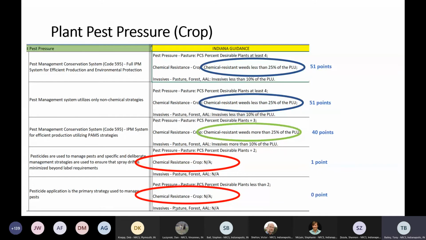All right, Shannon, do you have any other things you wanted to add to this, or are there any other questions? No, just on the other land uses, we'll get into those plant pest pressure specifics in the other land uses like forestry and pasture. Just know also, as Tony alluded to, this resource concern is typically not one we would do during normal conservation planning unless we noticed herbicide resistant weeds on our cropland.